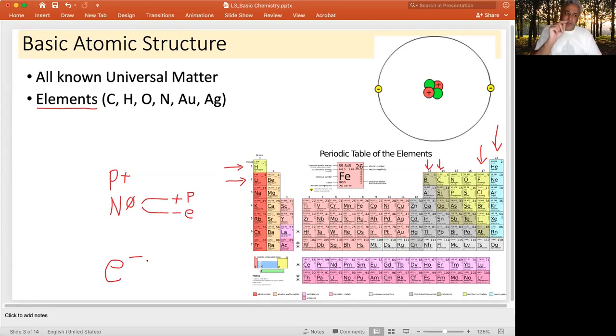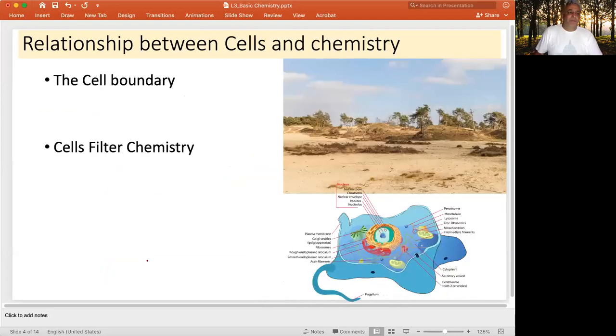So elements are their proper names, and they are made up themselves of these components: protons, neutrons, and electrons. So the next slide simply says, what do we need to know in this class? The most important thing is that life, living things, have a different chemical composition than the world around them, the outside world, right?